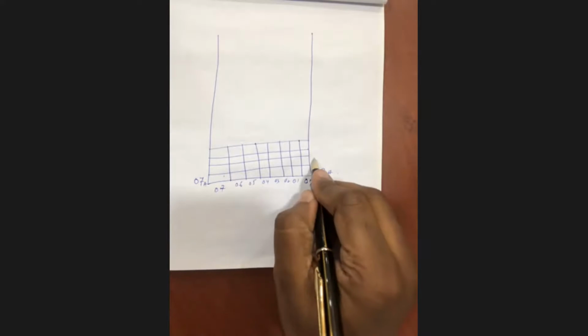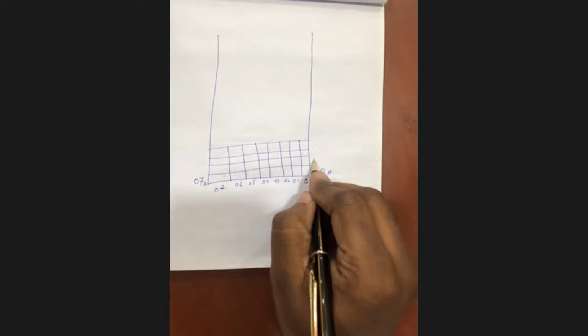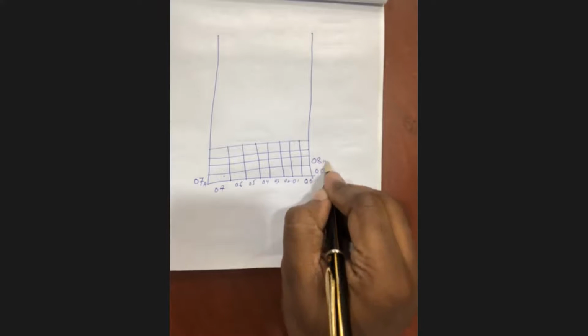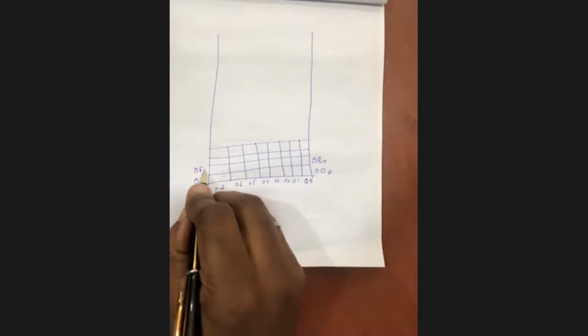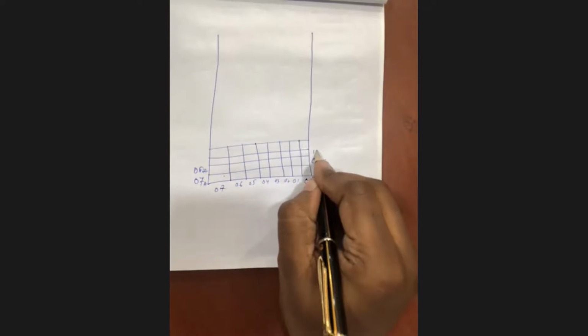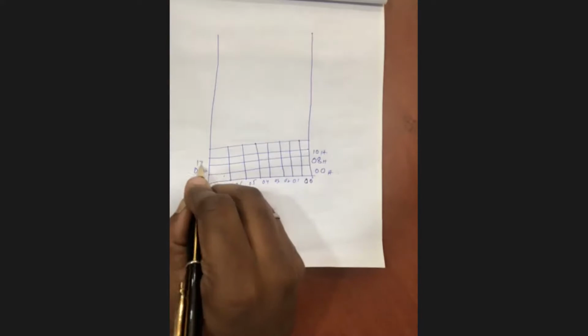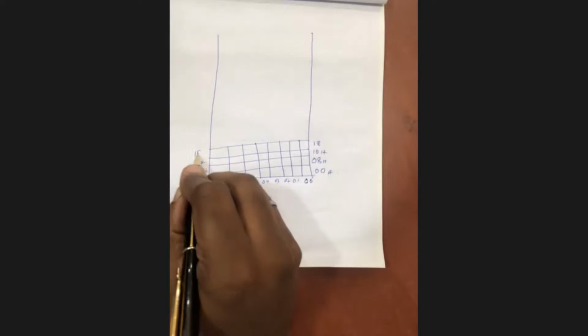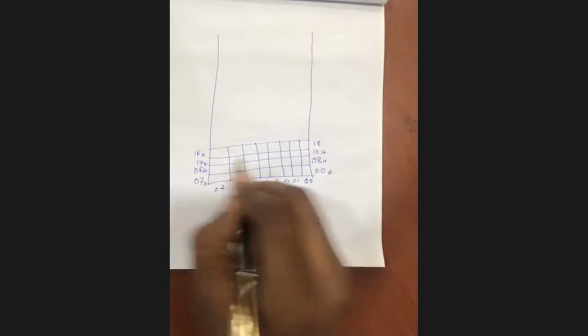Next memory locations after 07 will be 08H to 0FH, 10H to 17H, 18H to 1FH.